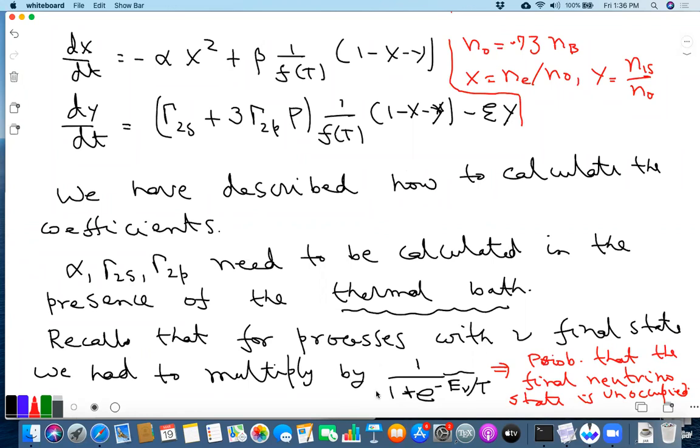So you have to do the microscopic calculation and then multiply by this, to take into account the possibility that the final neutrino state may be occupied. And in that case, that process cannot take place. So you have to multiply by this extra factor.